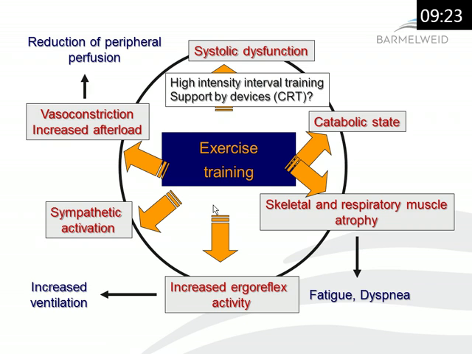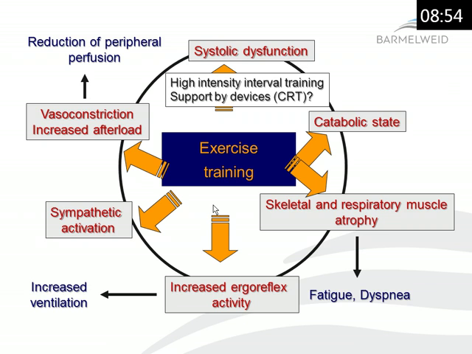The question is then, how can we improve systolic dysfunction? There are some data, we have heard about that high intensity interval training can improve ejection fraction. As we have also heard, probably it is not for all patients, but heart failure patients who are in a good functional state can do high intensity exercise and probably they can improve LV function.